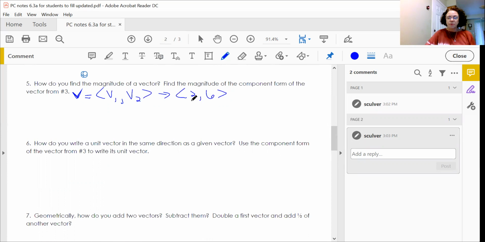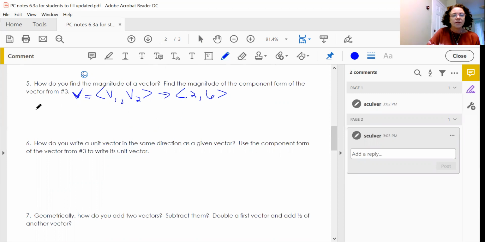So if you notice from the drawing above, our vector 2, 6, definitely you could make it the hypotenuse of a right triangle. And to find its length, you could use the Pythagorean theorem or the distance formula, where one point is 2, 6 and one point is 0, 0.